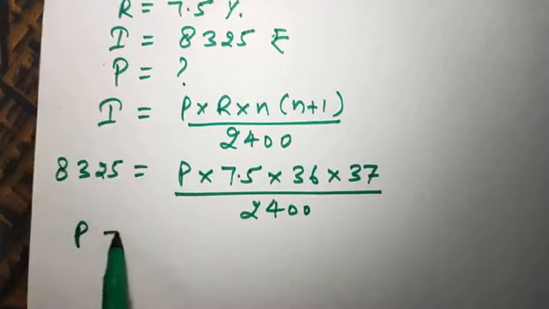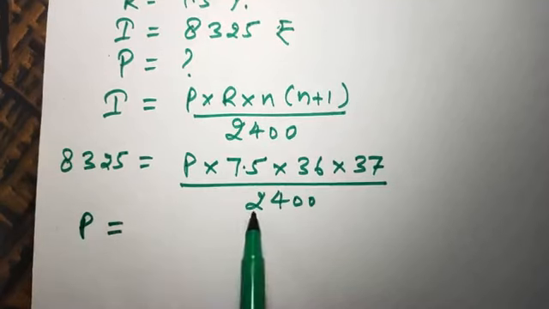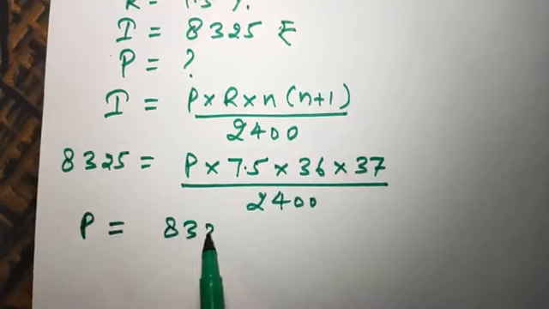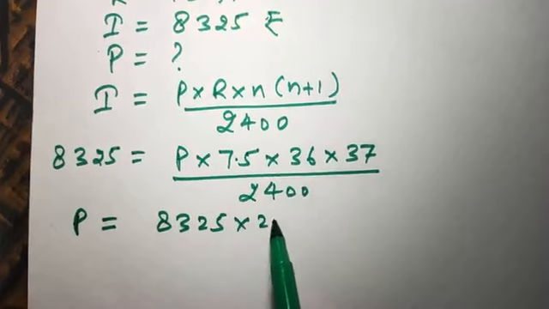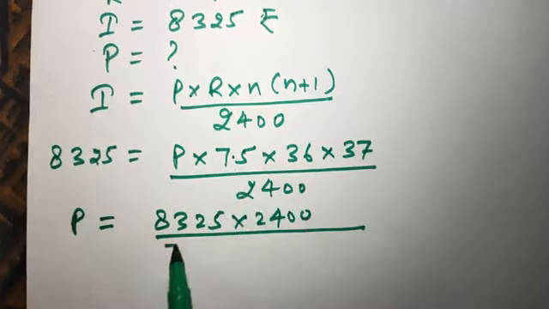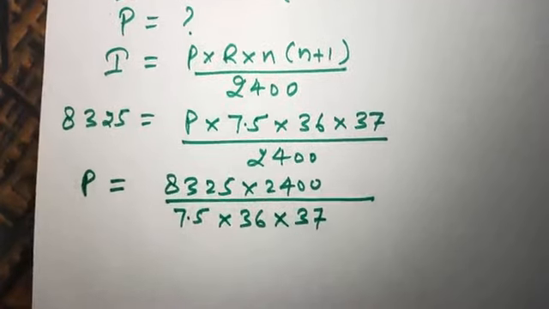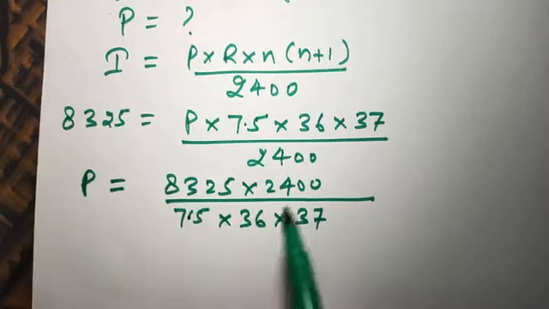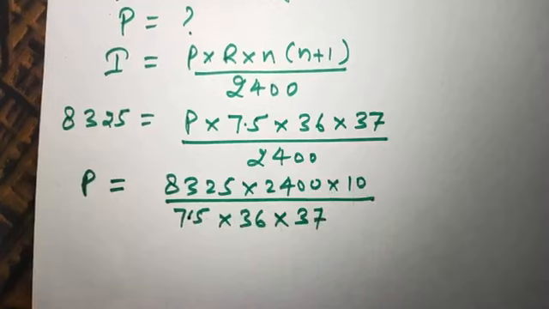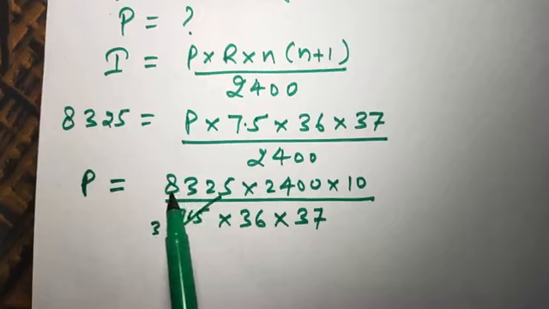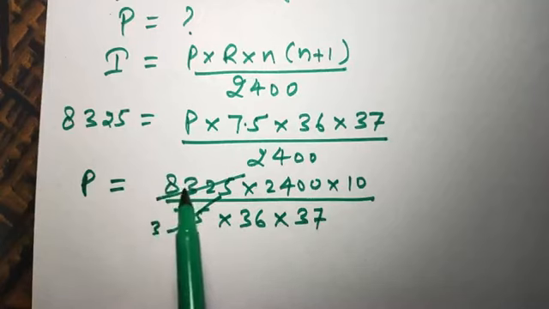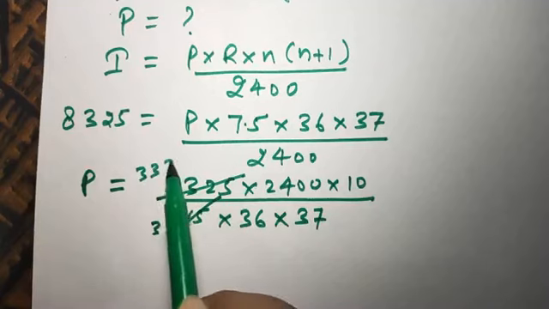So what we get, P equals this 2400 multiplied with 8,325, and this 7.5 comes in the denominator with 36 and 37. Now first I simply remove the decimal here, so we will get 10 in the numerator. Now I cancel this 75 with the table of 25, 3 times, and this will be cancelled by 25, 3 times.